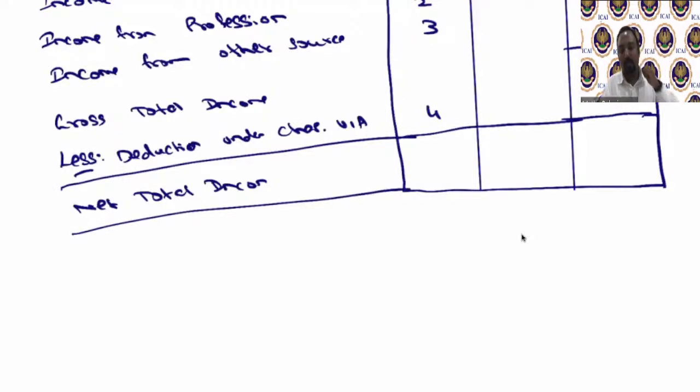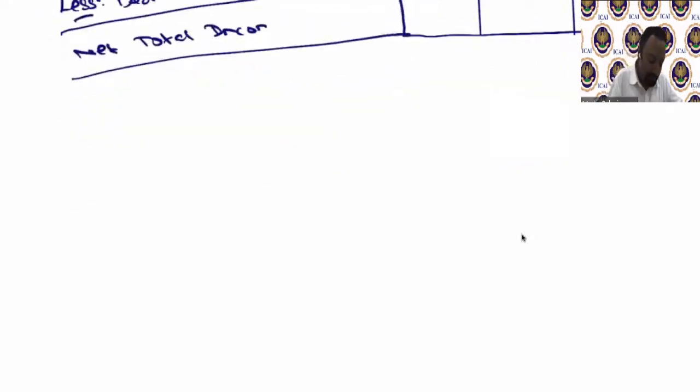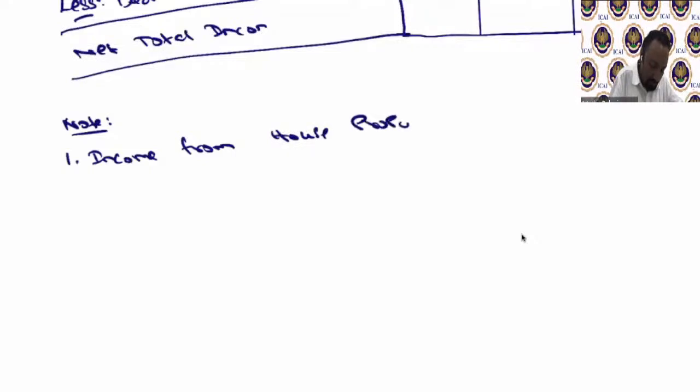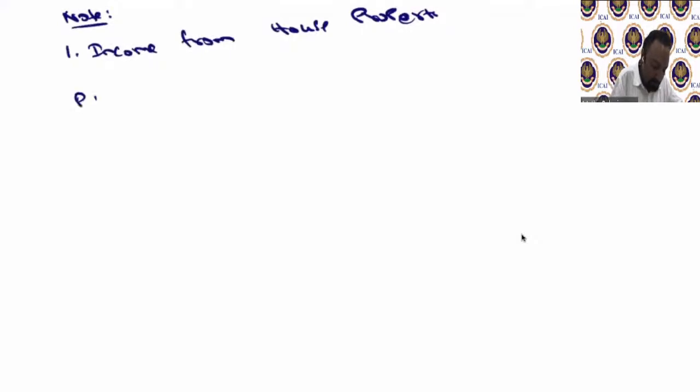So I compute. Now I'll have to compute each head. So I start with 1. Income from house property. So what is it? Again, I'll have to say particulars. We can have 1 or 2 amount columns and then a note column.